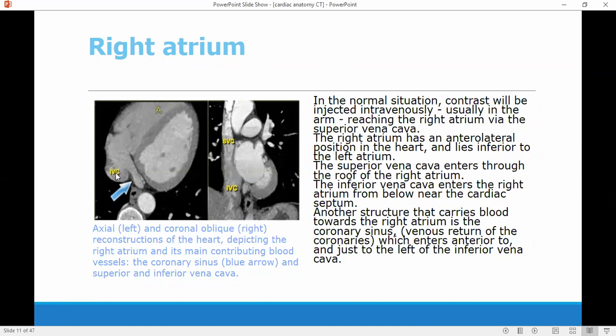This is the coronary sinus and this is the IVC. Axial on the left, coronal oblique on the right side: the right picture is a reconstruction of the heart depicting the right atrium and its main contributory blood vessels, coronary sinus, blue arrow, and superior and inferior vena cava.